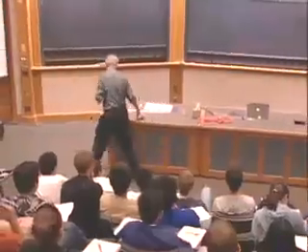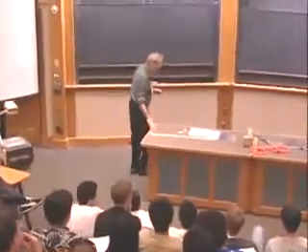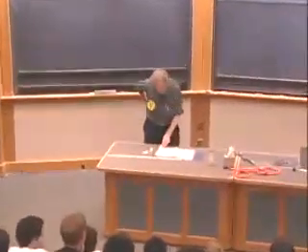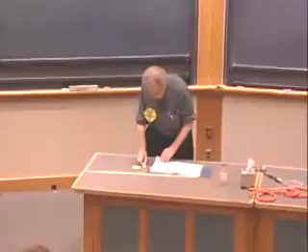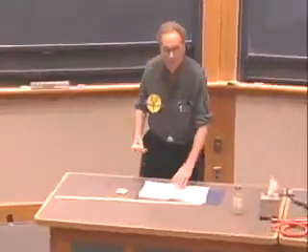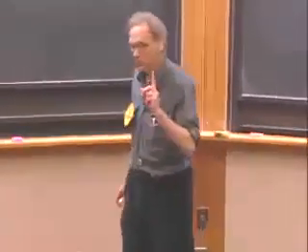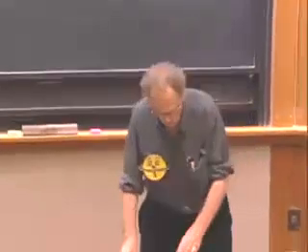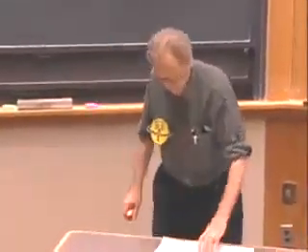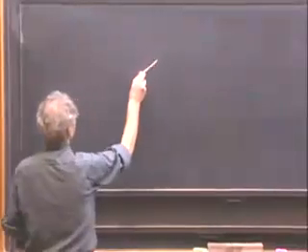So now we have to understand two things: why does it propagate, and why does a mountain come back as a valley, and why does a valley come back as a mountain? Continuous medium, infinite number of coupled oscillators. I start here with a piece of that rope.